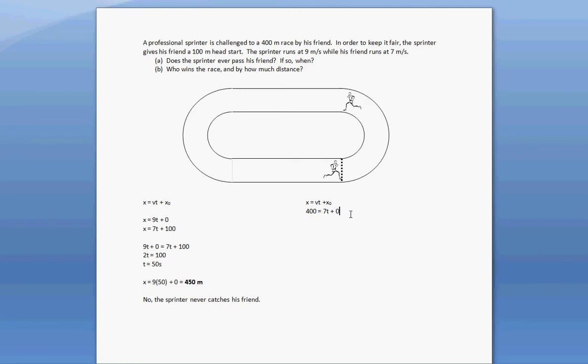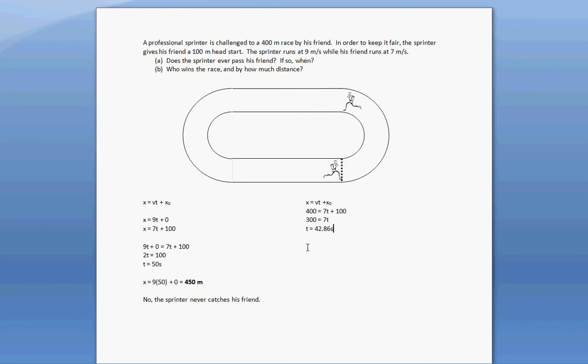And he had a 100-meter head start. So that means that 300 is equal to 7t. And then solving for t, the time is equal to 42.86 seconds.